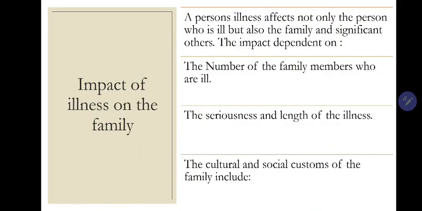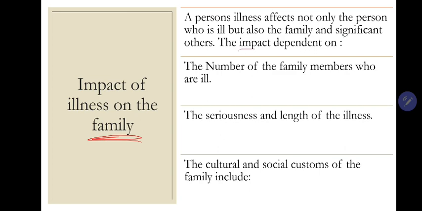The second impact is the impact of the illness on the family. A person's illness affects not only the person who is ill, but also the family and significant others.